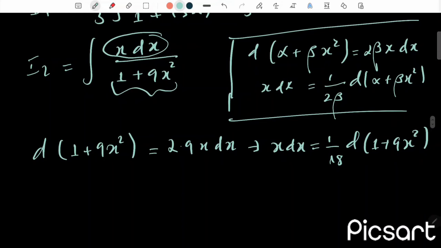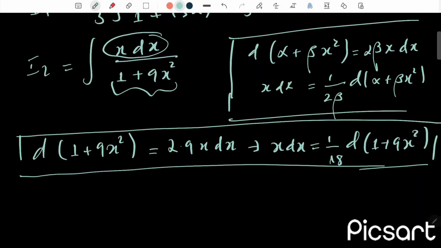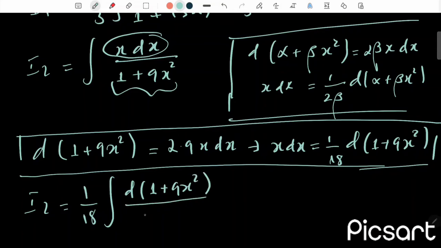Now I2 is equal to 1 over 18 times the integral of d(1 plus 9x squared) over 1 plus 9x squared.